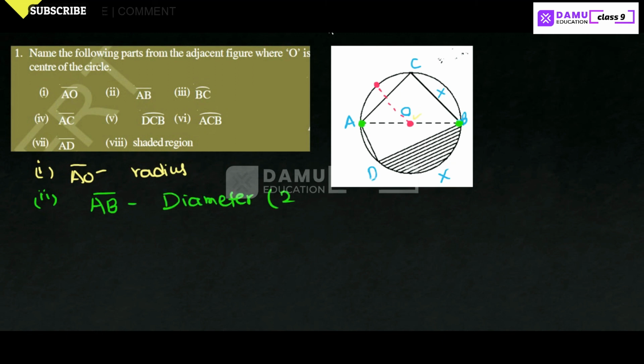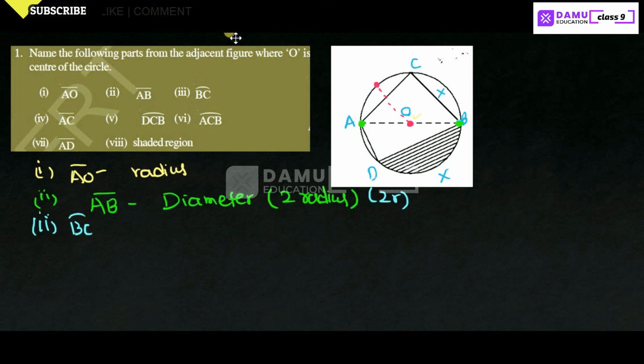This diameter is 2 times the radius, that is, diameter equals 2 into r. So when a chord is passing through the center of the circle, that chord is called a diameter.